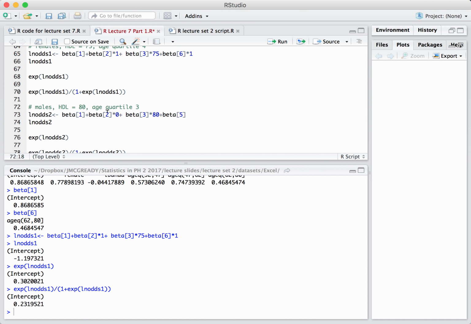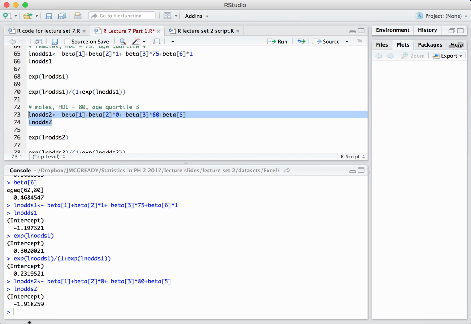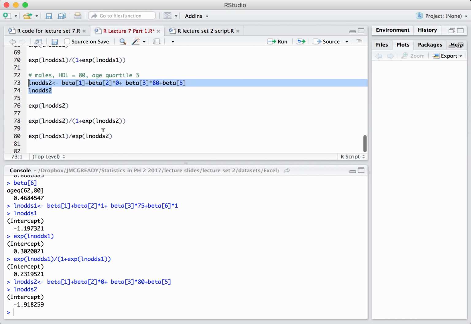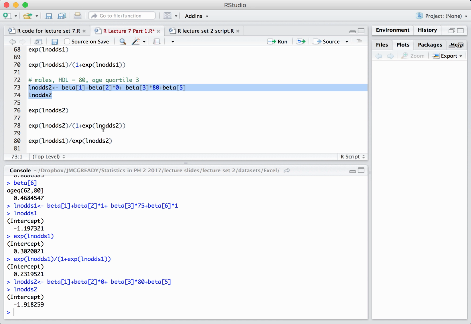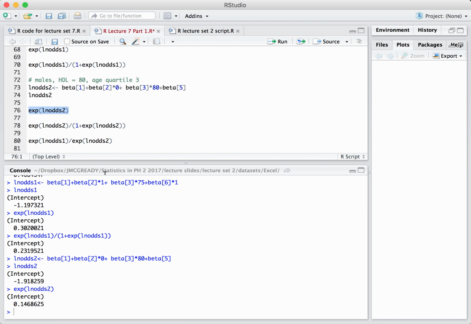Their HDL is 80, not 85, plus the slope for HDL of that beta column 3 times their HDL of 80. Plus the fifth column, which was the coefficient or slope for age quartile 3. We do this, we get the log odds for this group of negative 1.92, very close to what I showed. Again, I rounded. We could get the odds for this group, 0.1468.